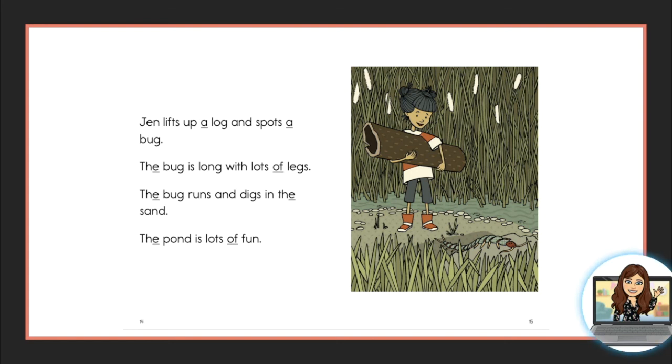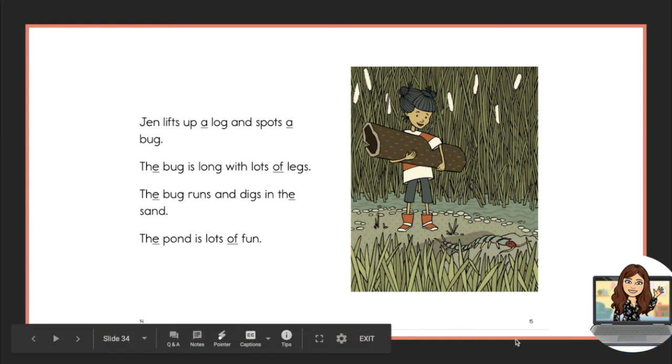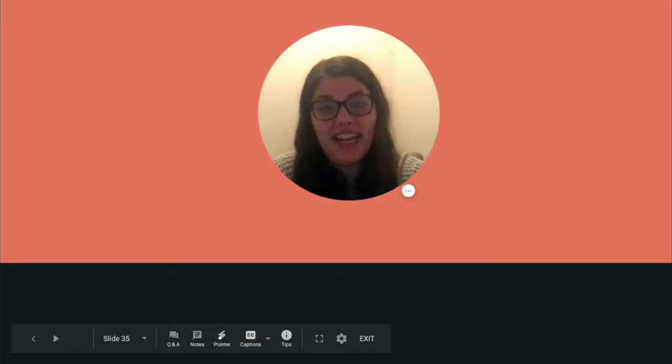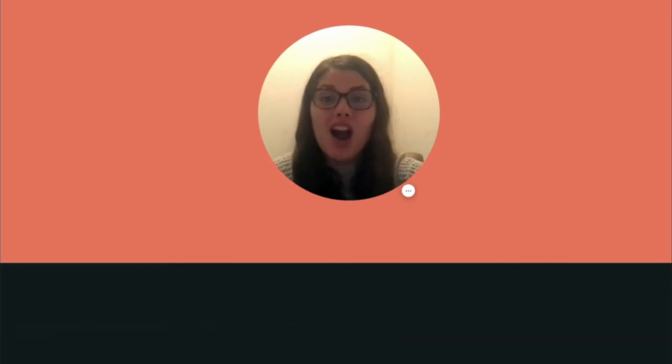Fantastic job reading independently. Great job reading Fun at the Pond on your own, Keeble Cubs. You are all doing so well with reading with purpose.